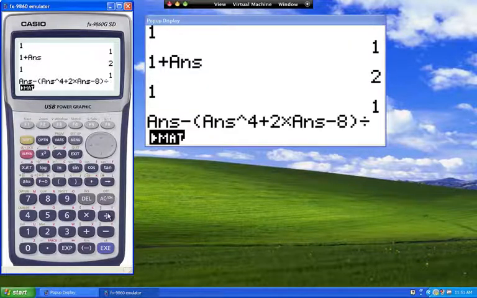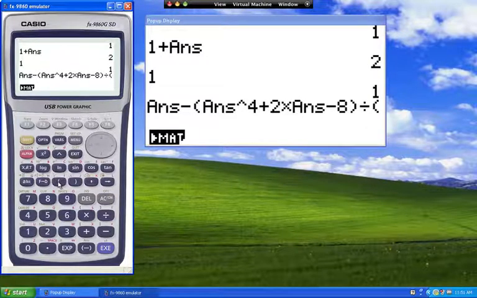Then we're going to go divided by, and then we're going to go bracket. The bottom line is 4x cubed plus 2. 4 times x is answer to the power of 3. There's 4x cubed plus 2 bracket. Now if we've done it right, what are we going to get?